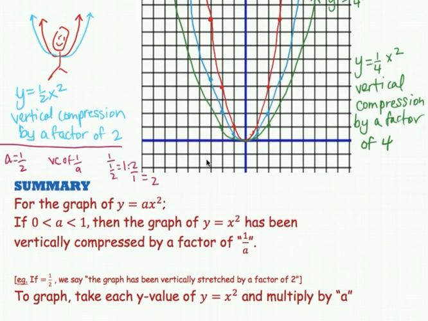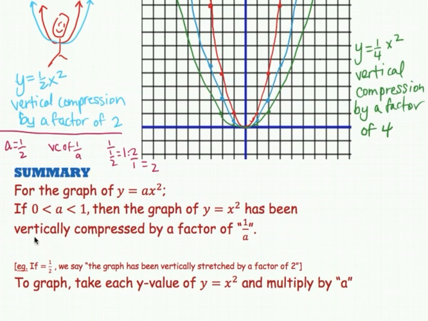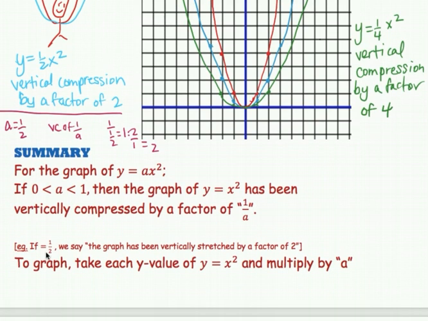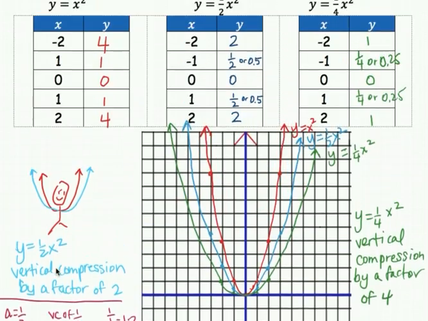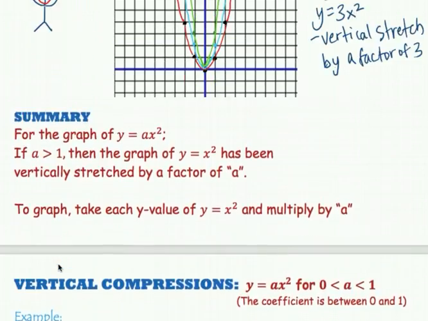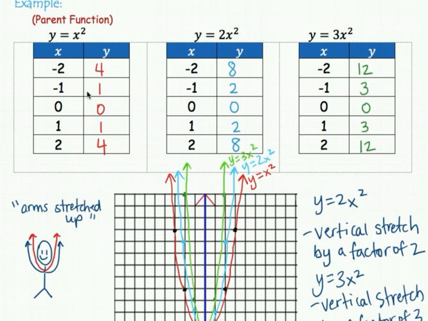Okay, so here's the summary. These are the terms we use: vertical compression, vertically compressed by a factor of 1 over a. So again, just take the bottom of the fraction and just say 2 or 4. What you'll notice in the table of values here is something similar to what we saw with the stretch. So if we multiplied by 2, the y multiplied by 2.